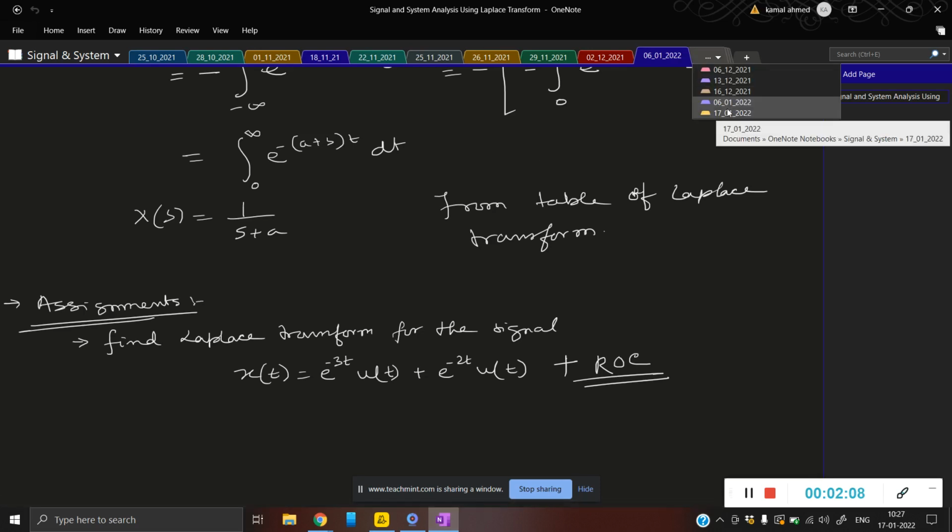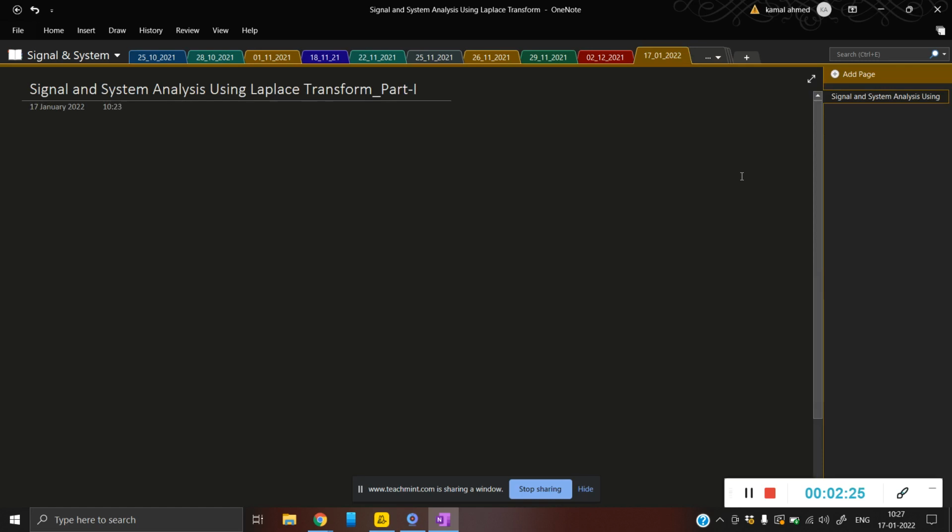Okay, so in the previous class we have studied how to find the Laplace transform of a signal, and I have given another part of the question: find the ROC. There is a concept of ROC in the Laplace transform also, because ROC is determined when a transformation occurs, that means from one domain to another.